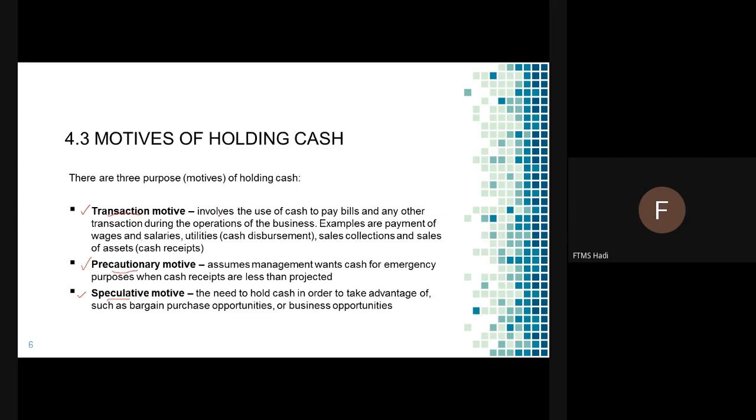Transaction means the use of cash to pay bills and any other transactions during the operation of the business.